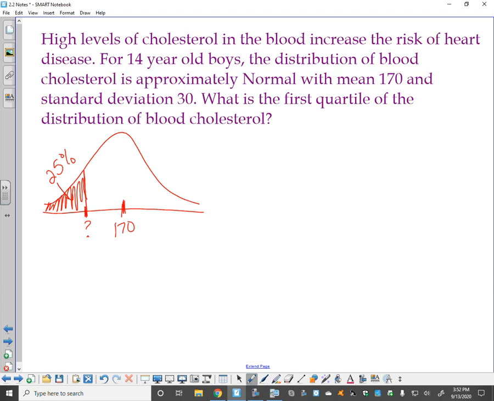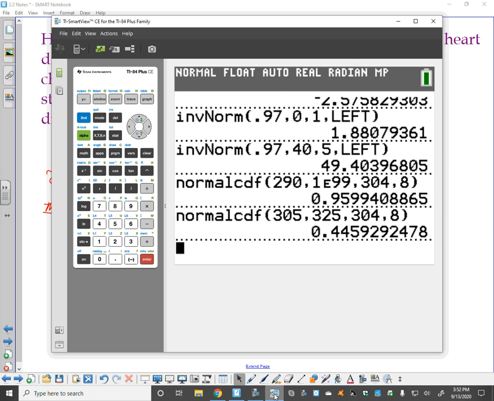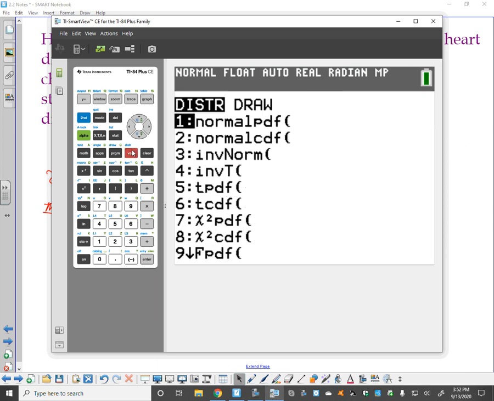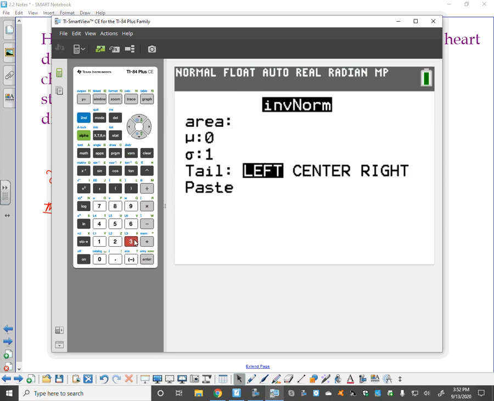That's inverse norm. Percent to the left, 25%. Mean, 170. Standard deviation, 30. Inverse norm, 25%, 170.